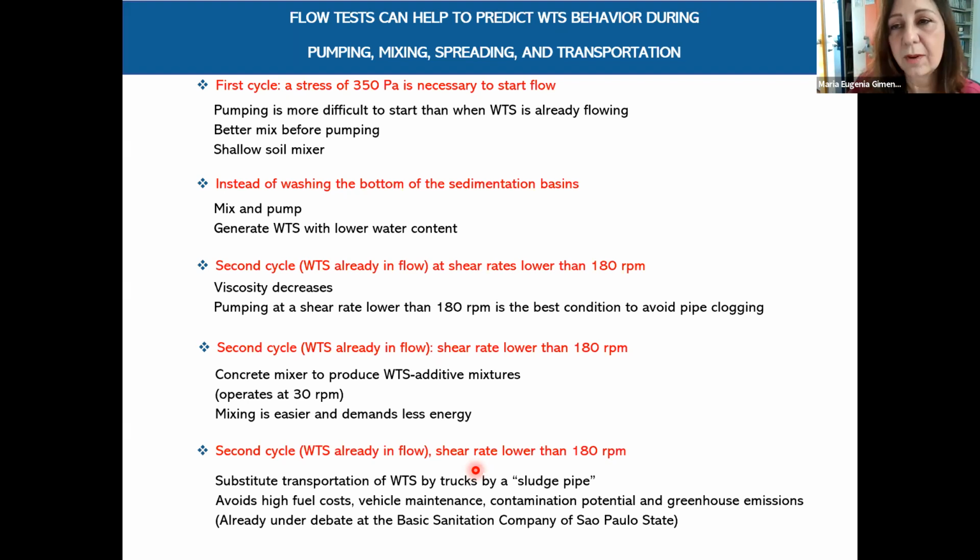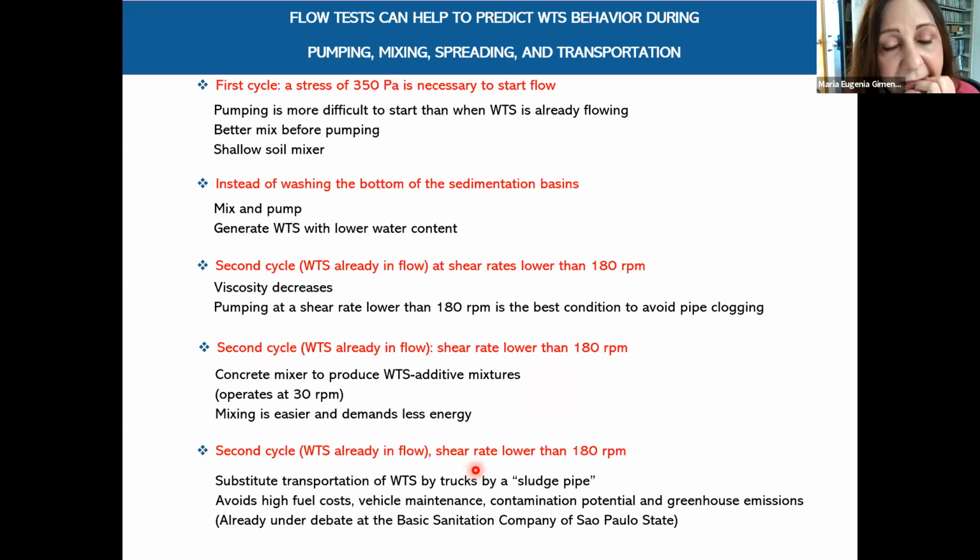The second cycle at shear rates lower than 108 RPM, with the decrease of viscosity, indicates that this is a very adequate shear rate to pump, because it will avoid pipe clogging, and also indicates that a concrete mixer could be used to produce the mixtures in the field, because a concrete mixer operates at 30 RPM, so mixing will be easier and demand less energy.